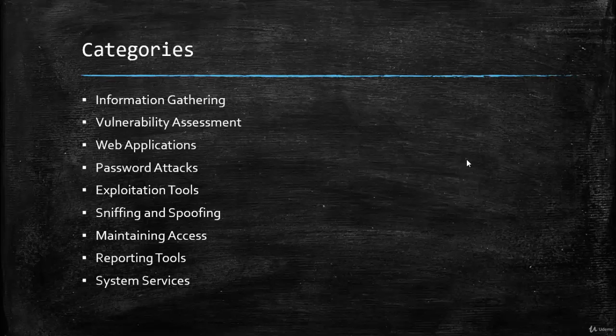System services. This category has several services that can be useful during ethical hacking tasks, such as SSH service, Metasploit, MySQL service, and Apache service. So thank you for watching this video.